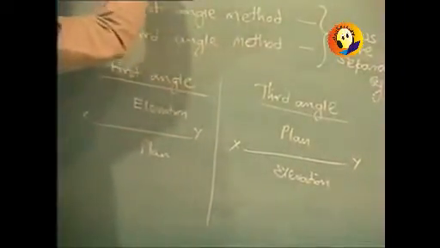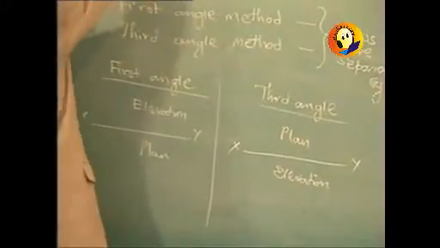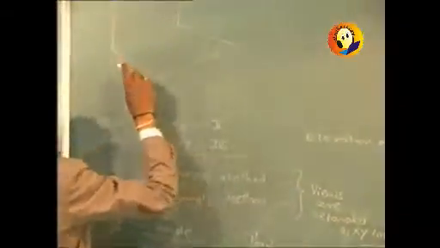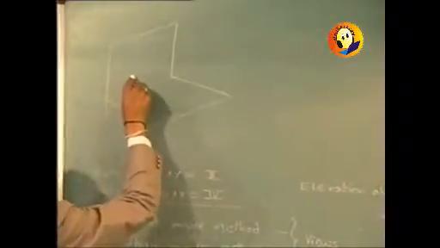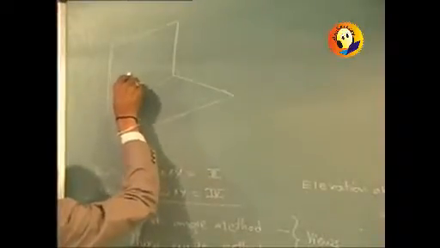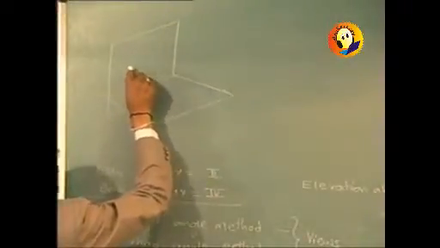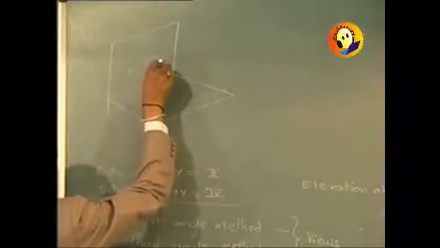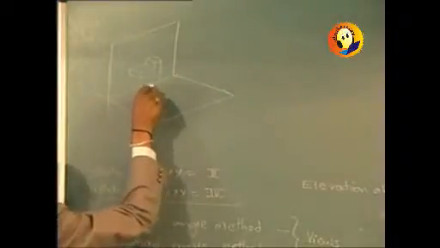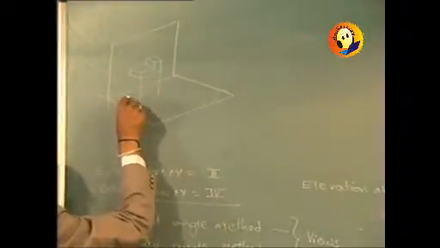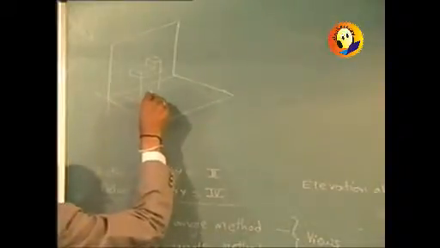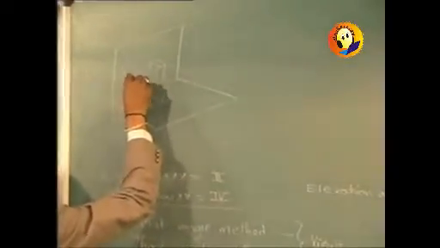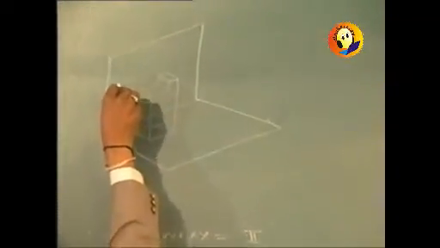Like in the case of the first quadrant, the object which is placed in the first quadrant, whatever the object is, whose projection on XY can be shown like this, and its projection on the vertical plane can also be shown.